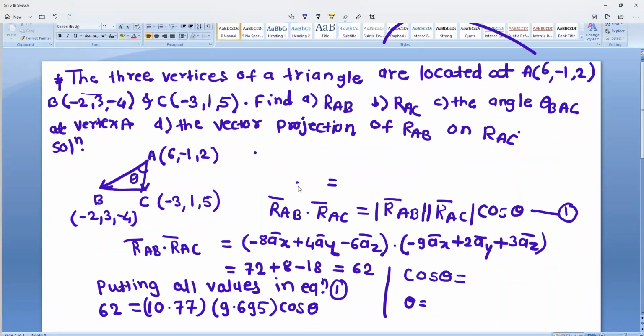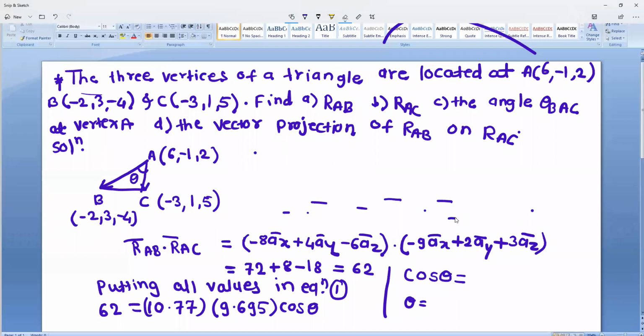What is cos theta? Cos theta is equal to 0.593, and theta is equal to 53.57.